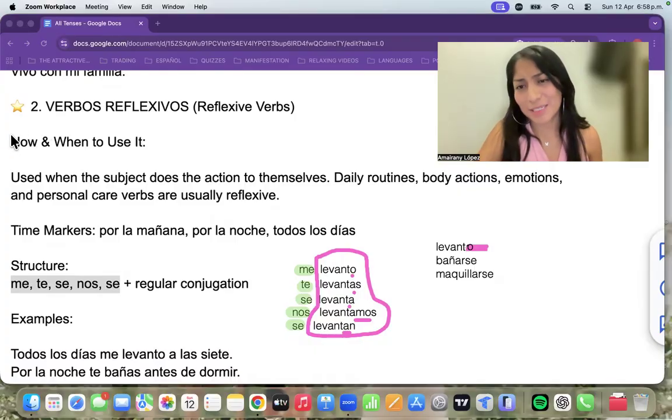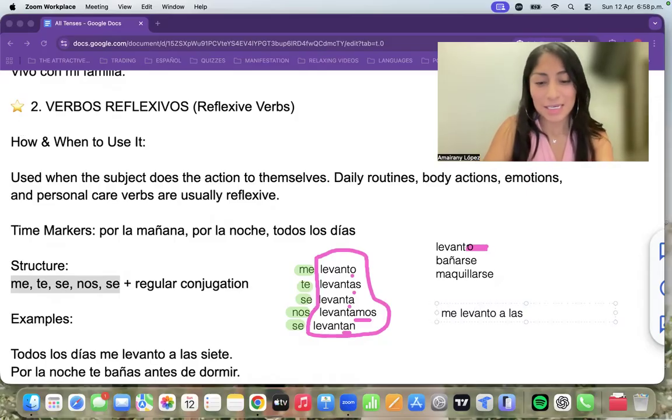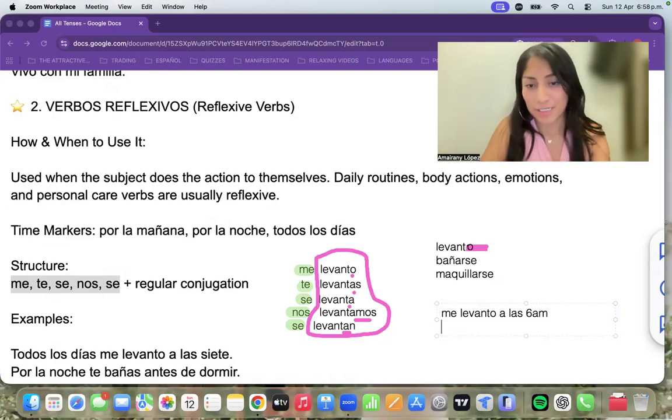Now, you might ask me, well, can I just say levanto? Yes, you can, but it would not mean I get myself up in the morning, okay? So if you want to say I wake up at 6, you would say me levanto a las 6, a las 6 a.m., for example.